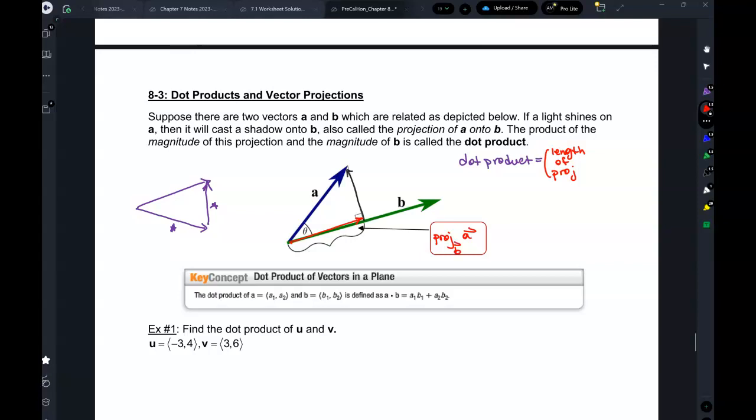So if I take that length, the projection of A onto B, and multiply it by the length of vector B, that's the dot product. The dot product will be just a regular old scalar, and that's the concept of what it is. Why do we even need to multiply such seemingly random numbers? Well, that we'll see in a little bit.